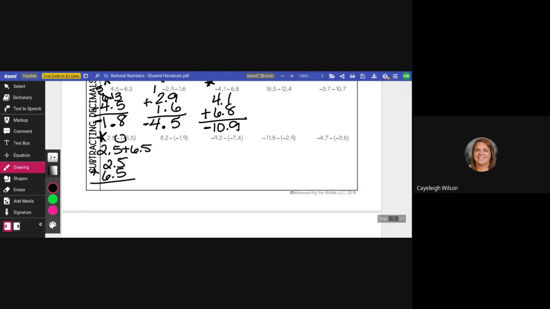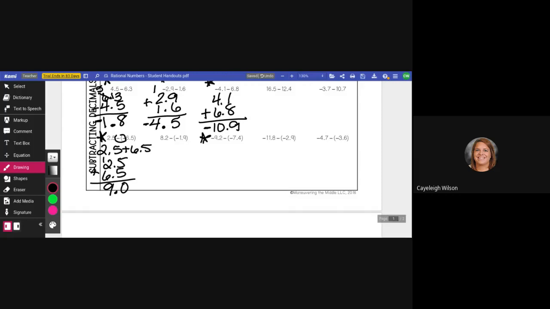All right, so 5 plus 5 is 10. 1 plus 2 is 3, and 3 plus 6 is 9, and they're both positive, so I add and keep. So positive 9.0 or just 9.